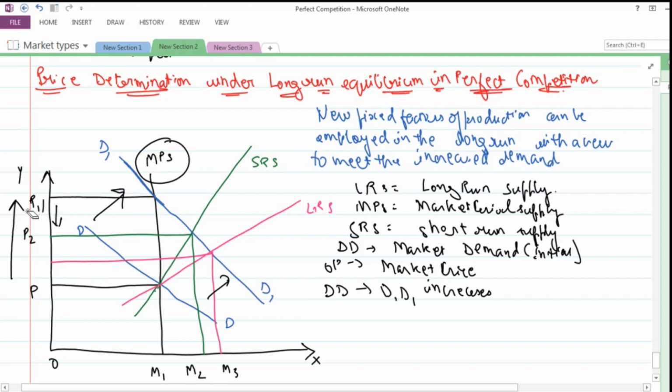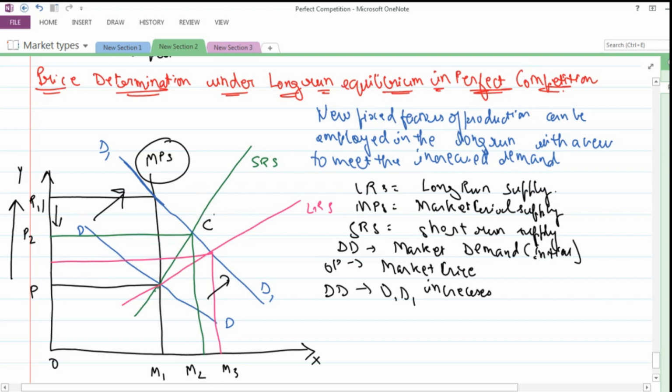The price in short run will fall down to OP2, at which D1 intersects the SRS curve, पे जहाँ पे वो intersect कर रहा है. Let's assume this point to be known as point C, यहाँ पे intersection हो रहा है, तो फिर price नीचे आ जाएगा और equilibrium C point पे establish होगा.